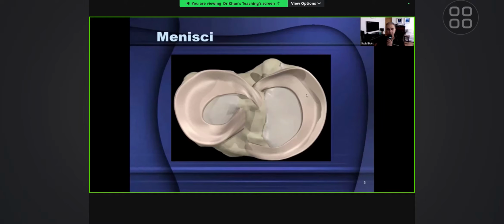Now I've lost my ability to move the mouse. I can see your mouse moving. I can see my mouse. I can't move to the next slide.